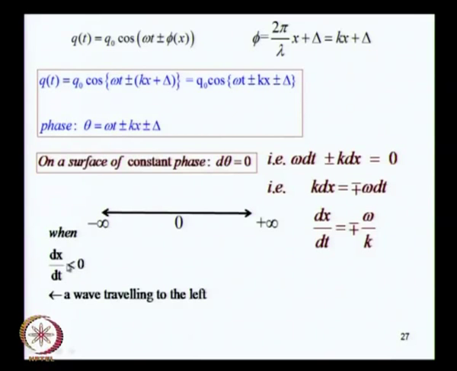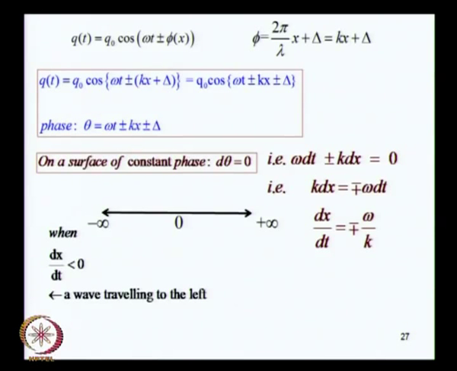So, when dx by dt is negative, then x changes with time, but x decreases with time, because a decrease in x as time increases, this is the ratio of delta x over delta t. So, as delta t increases, as the denominator increases, if the numerator decreases, then the ratio will be negative, right.